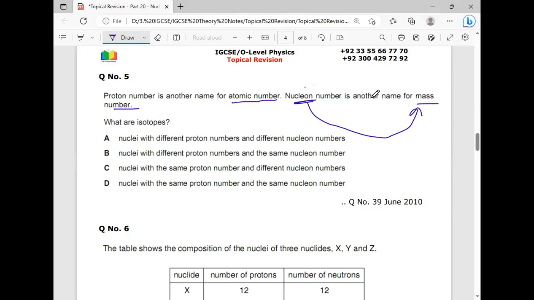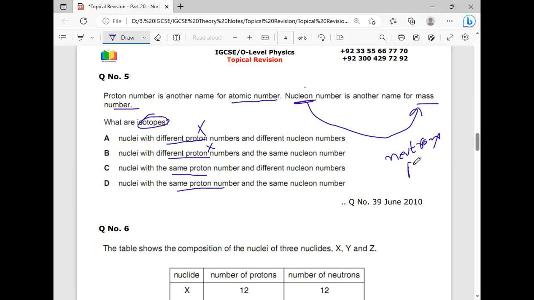Okay, what was the definition of isotope? They have the same number of protons. Different protons, not possible. Same proton number, and same number of protons but different number of neutrons.